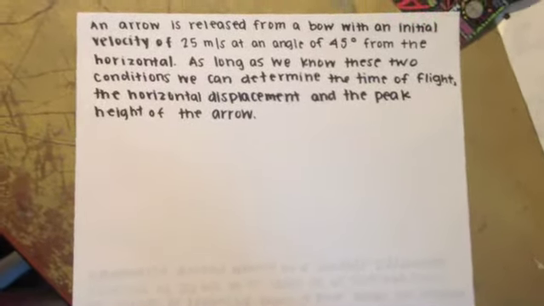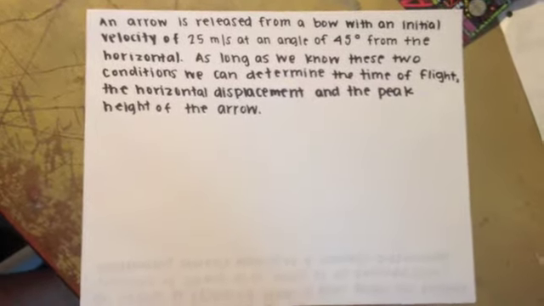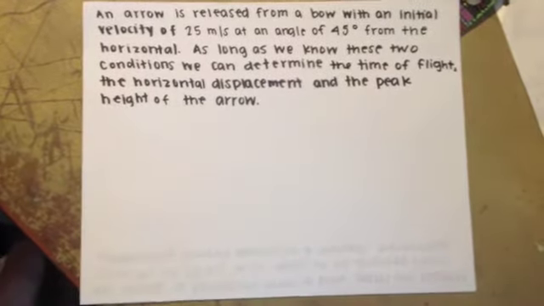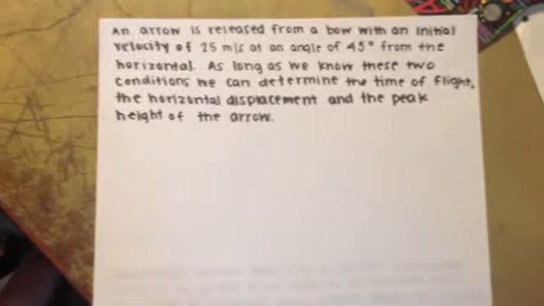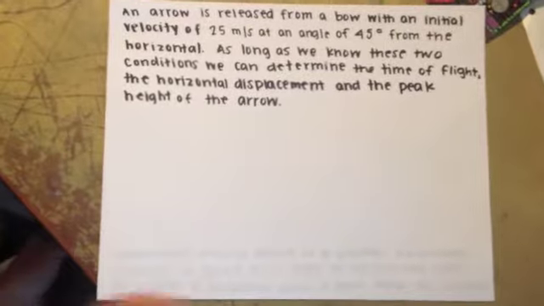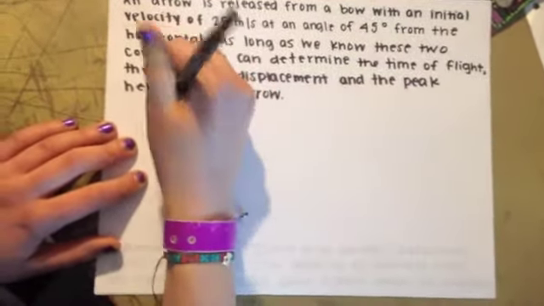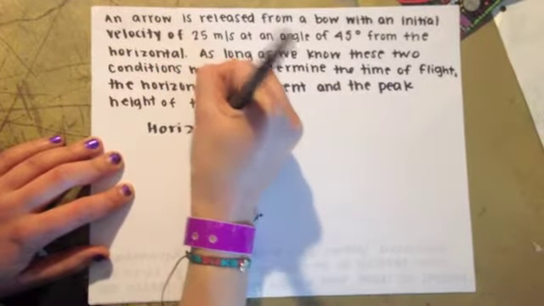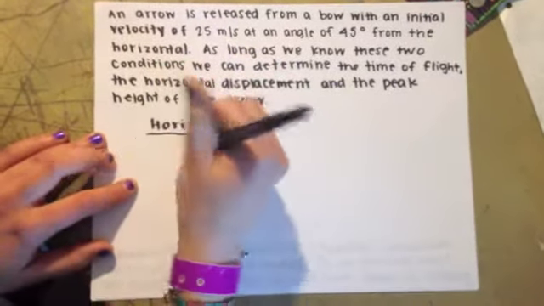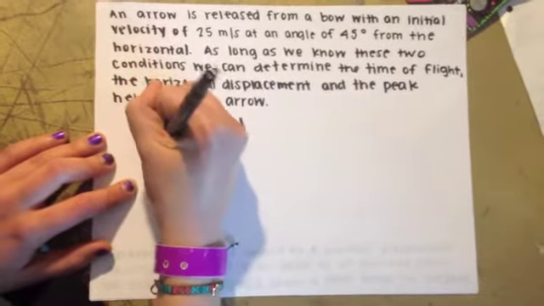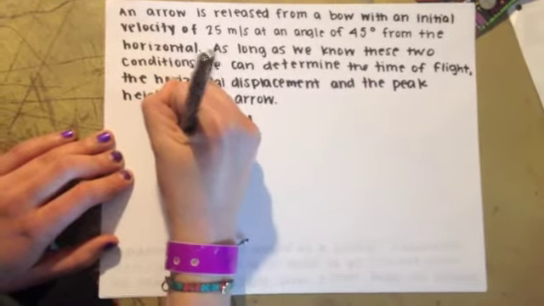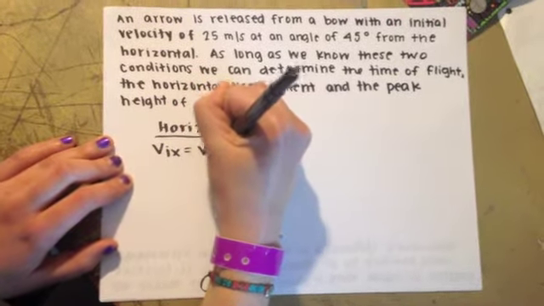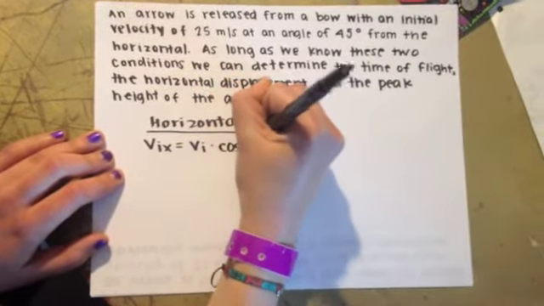The solution of any non-horizontally launched projectile motion should begin by first resolving the initial velocity into horizontal and vertical components using certain trig functions. For the horizontal component, the equation is: the initial velocity in the x direction is equal to the initial velocity times cosine theta.